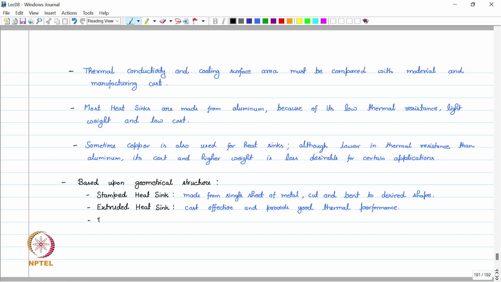The third is bonded fins. These are made by bonding the fins fabricated from sheet metal.